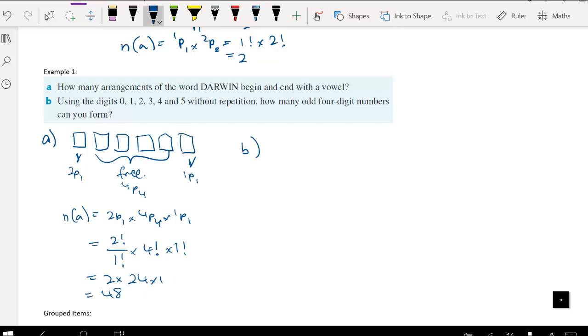Then when we look at B, we're using the digits 0, 1, 2, 3, 4, and 5 without repetition. How many odd 4-digit numbers can you form?